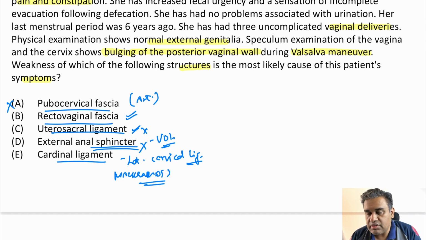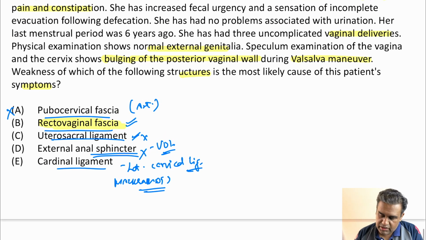Once it becomes very severe, the defecation process is always felt incomplete, and sometimes the female has to put pressure on the posterior wall so that the contents of the rectum are evacuated. It could be in different stages. So the probable answer anatomically is the rectovaginal fascia. I hope you got the point, looking at the basic anatomy over here.